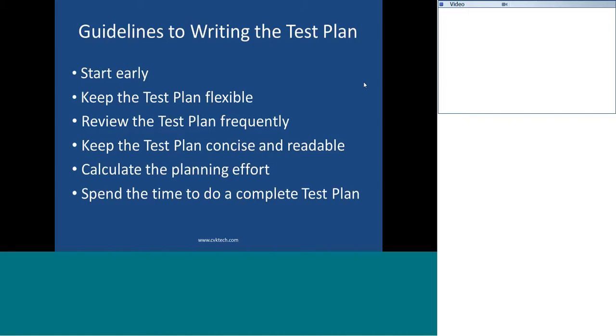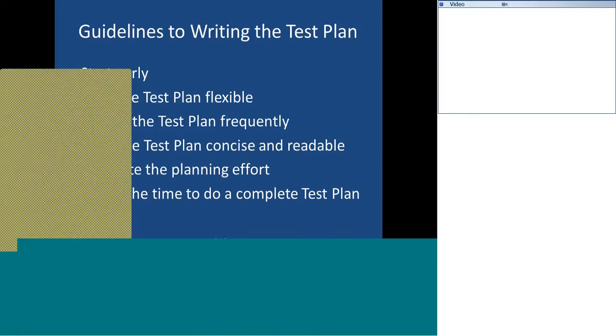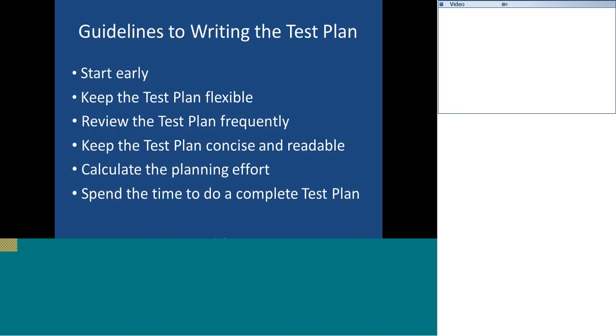And the fourth one is keep the test plan concise and readable. The reason for this statement is test plan is a detailed level document. It doesn't mean that you will write essays inside the test plan. It should be concise. The main intent of test plan is it should give a quick snapshot of your testing project.